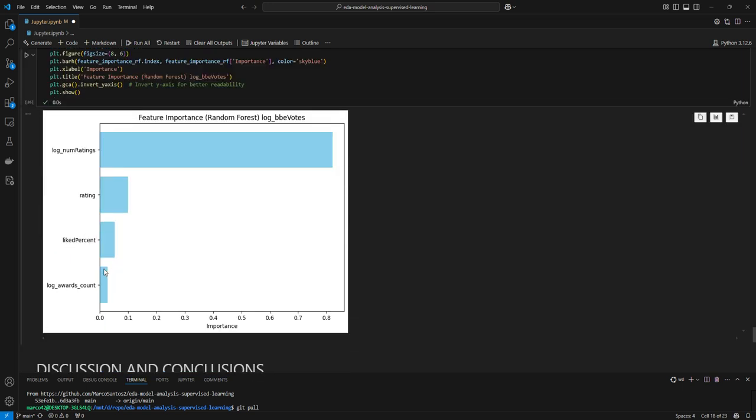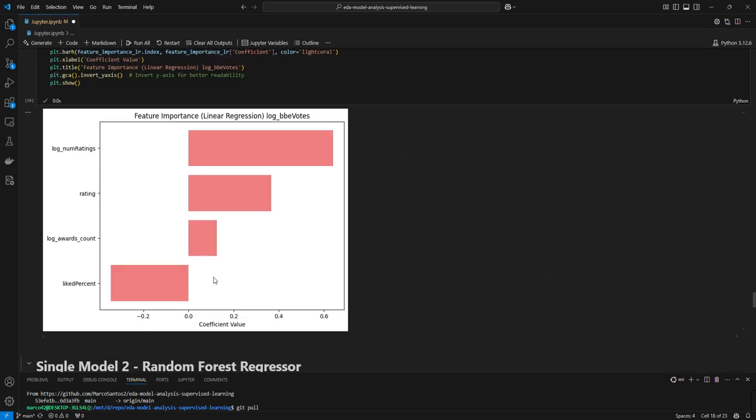So here is a good graph to visualize what we just saw above. We can clearly see that although all features have a positive correlation with BBE votes, number of ratings is by far the most important feature.